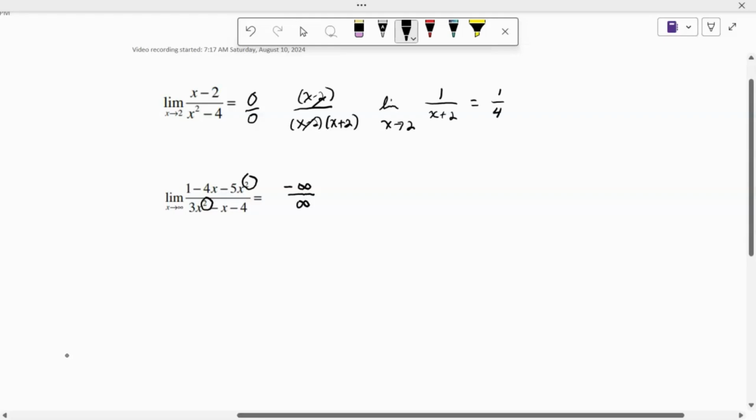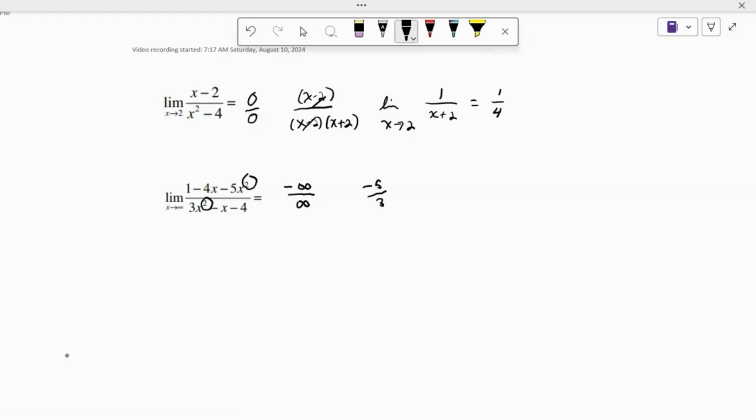In the second example, we can see that the highest power is 2, and it's the same in the numerator and the denominator, so the limit here would be dividing the coefficients, and we would get negative 5/3.